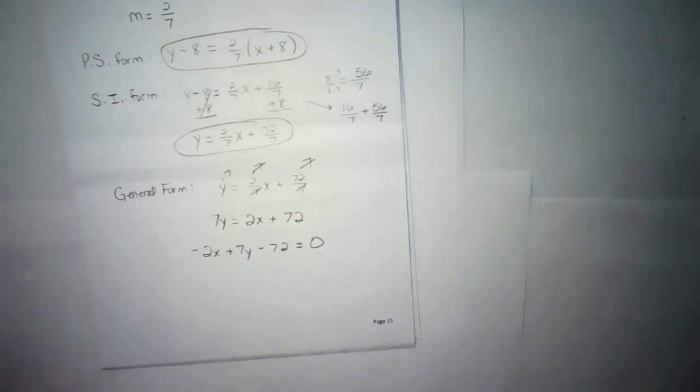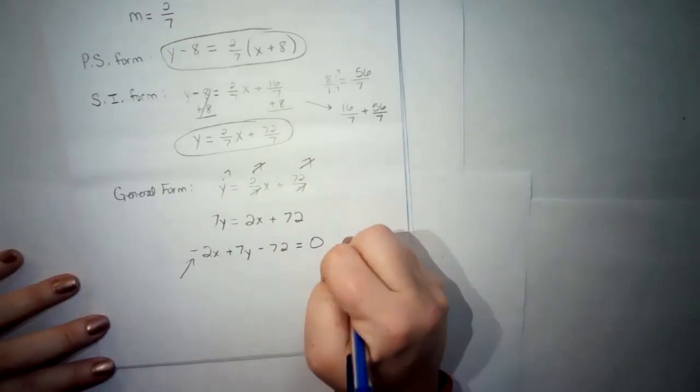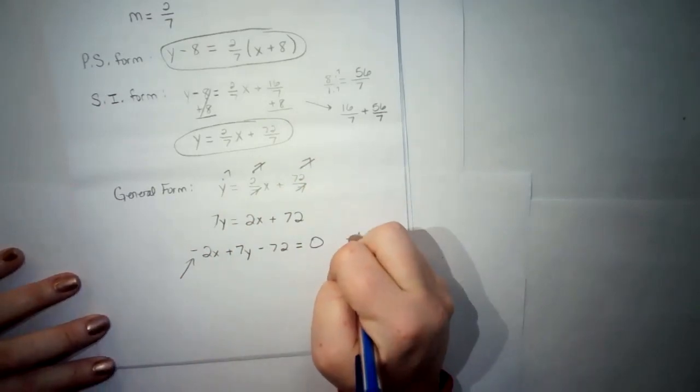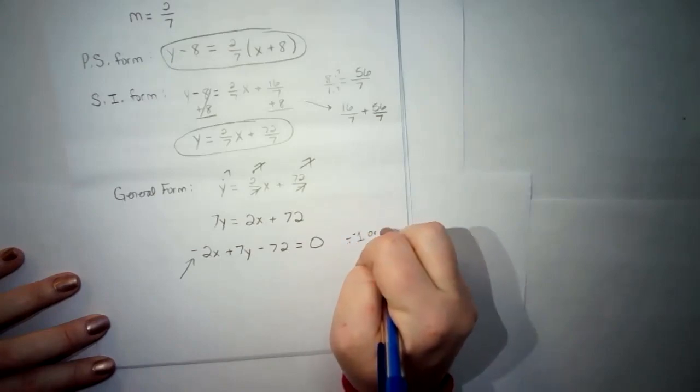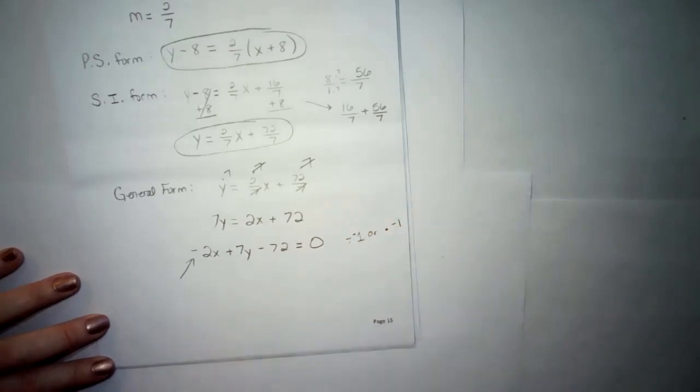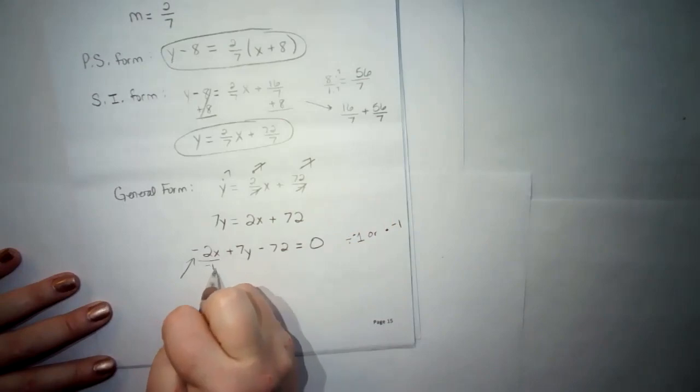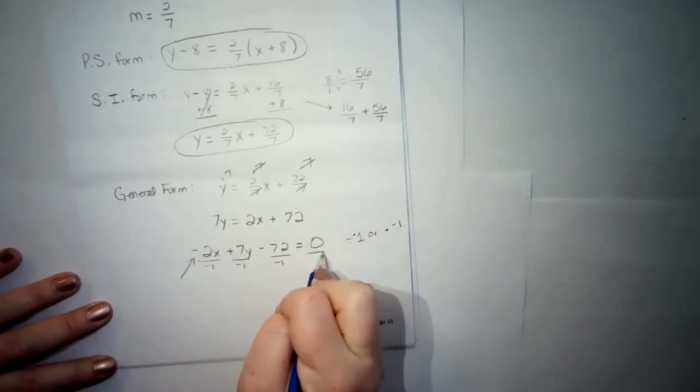Am I done? Can I circle it? I've got one little issue. General form cannot start with a negative, right? Your A cannot be negative. So either divide everybody by a -1, or you can multiply everybody by a -1. Whatever you want to do, you get the same thing.